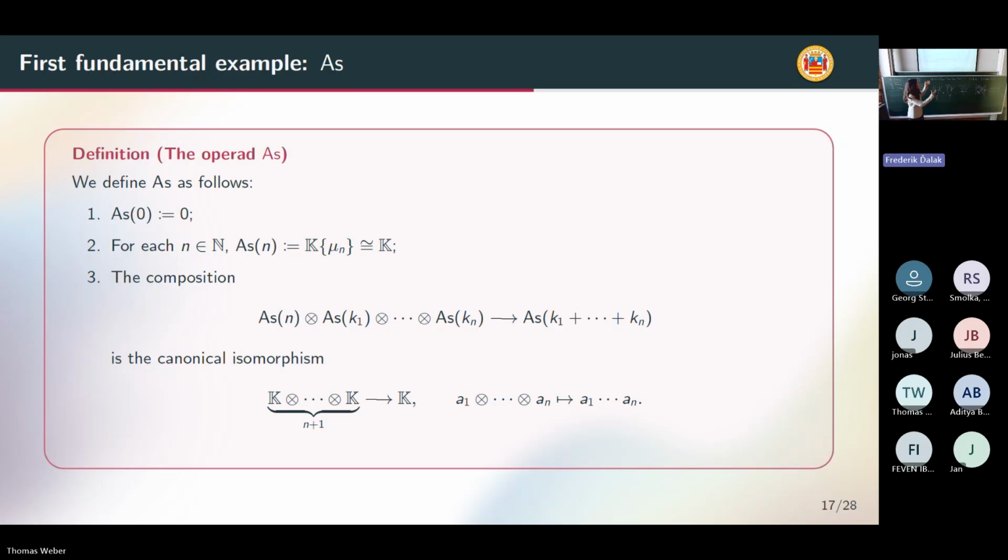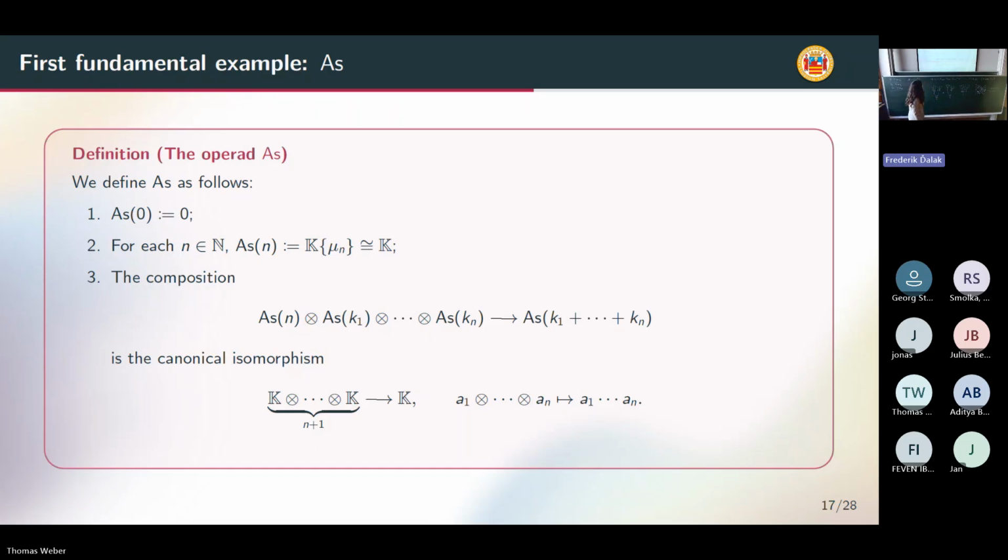It is small arity-wise, of course. It's just one-dimensional in each arity, but this tiny object is exactly what we need in order to encode associativity. And I think it is incredible how powerful just the operations and composition can be, this kind of language.